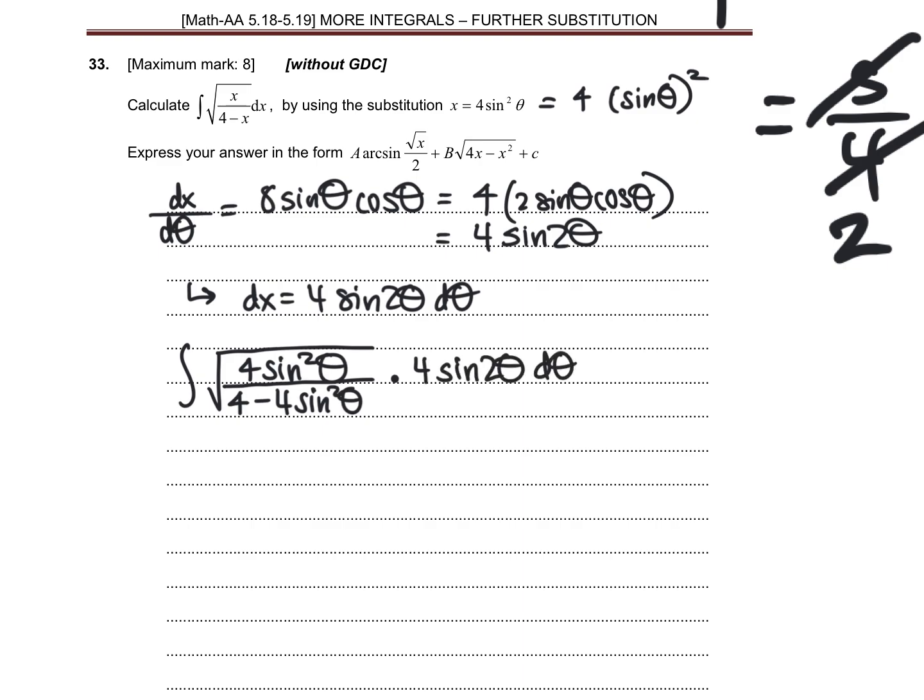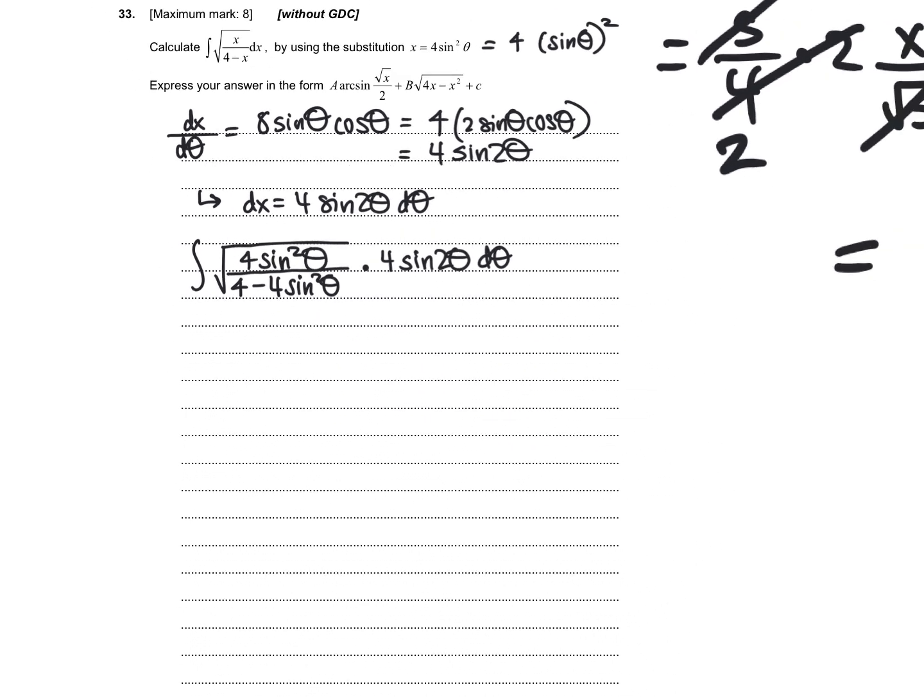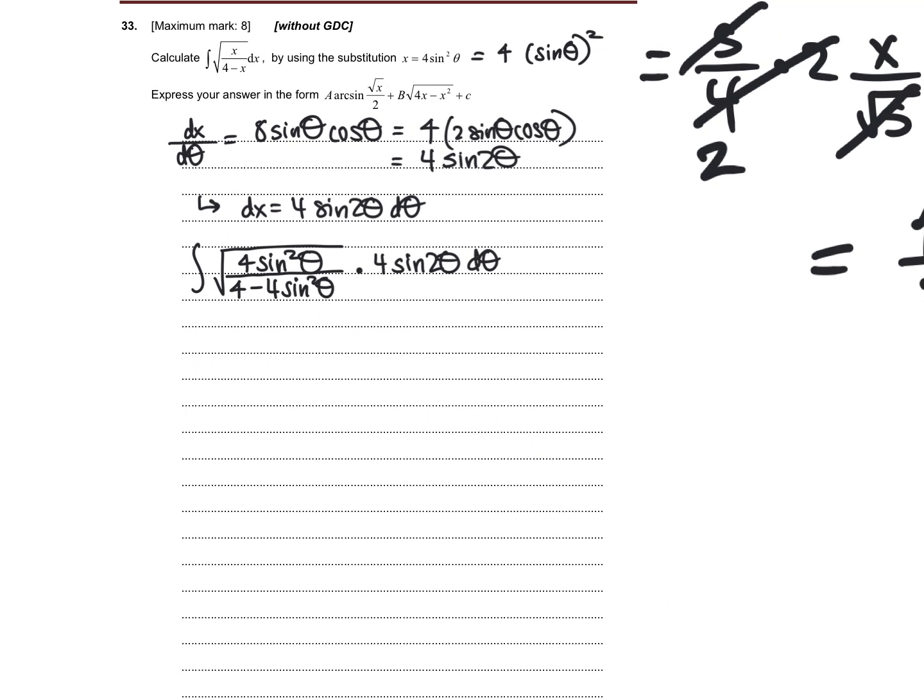We'll see if we need to use that or the previous one or whatever. Okay, so the top square root is clearly 2 sine theta. Now the bottom, we can take out a 4. This is going to be 1 minus sine squared theta on the inside bracket, which is cosine squared theta.